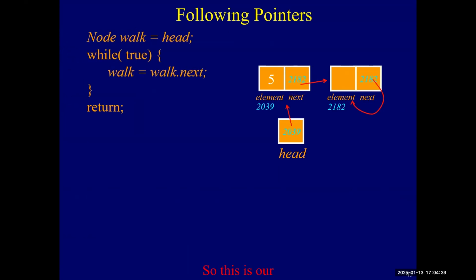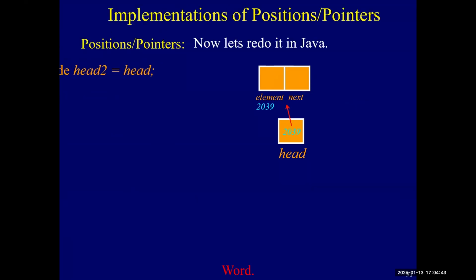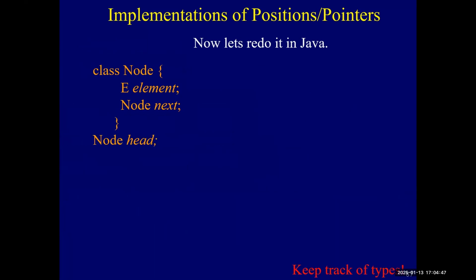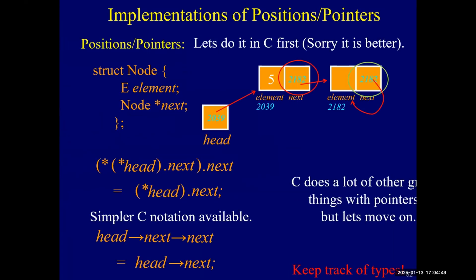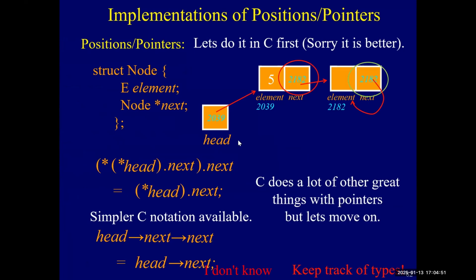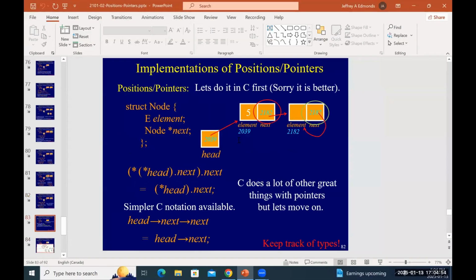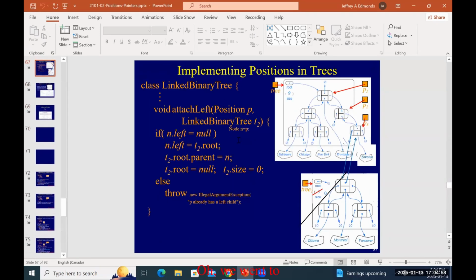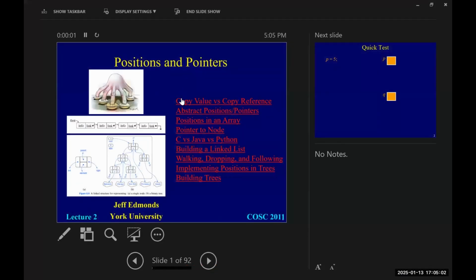All right, so this is our walking routine. Where was I? Oh, I see. Where are we? I don't know where we are now. Oh, we went to the very end. I hit the end button.